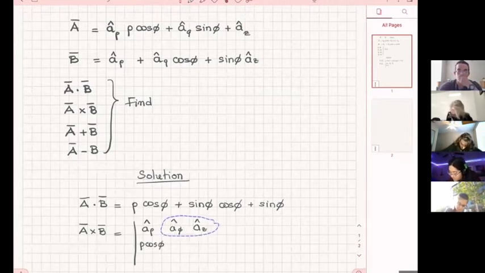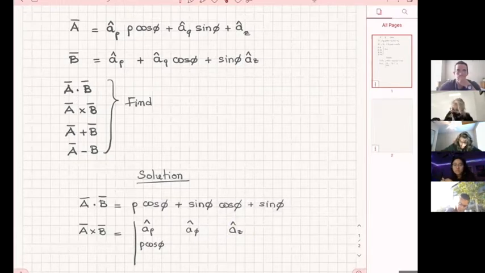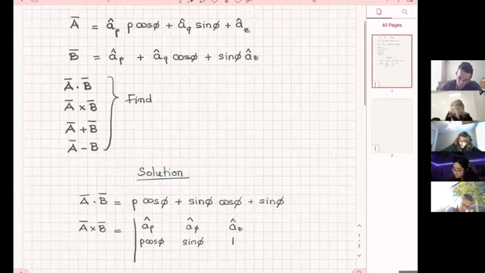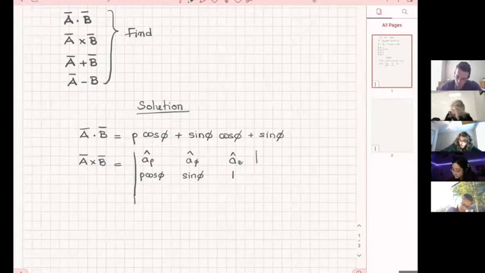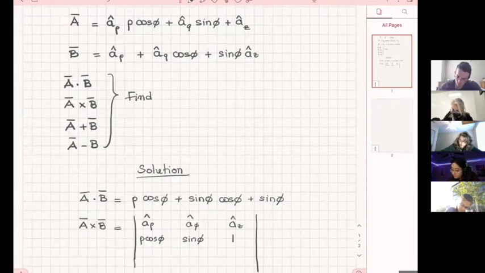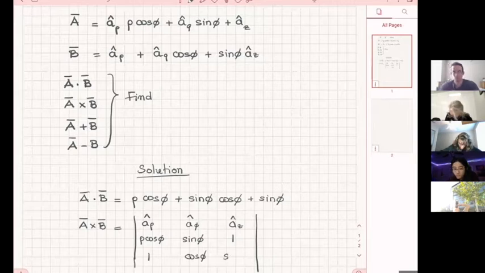A sub phi, which is sine phi. And then A sub z, which is 1. And then I have the other one. The rho component of B, which is 1. The phi component of B, which is cosine phi. And the z component, which is sine phi.